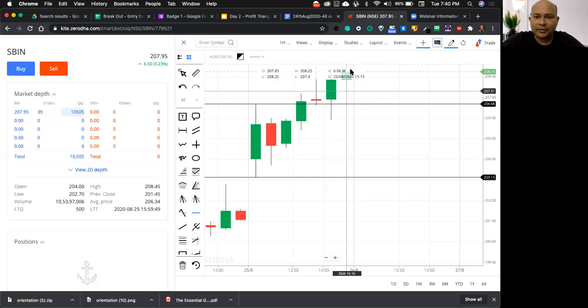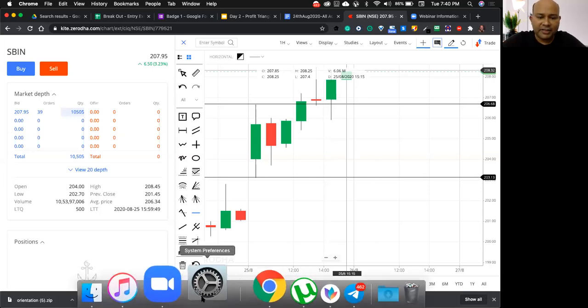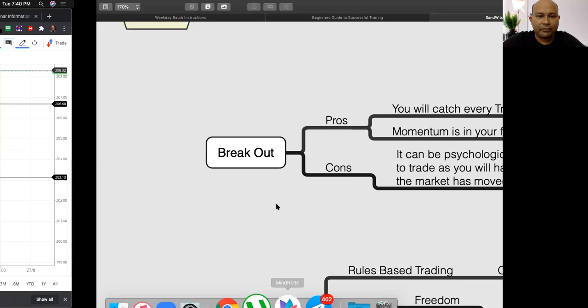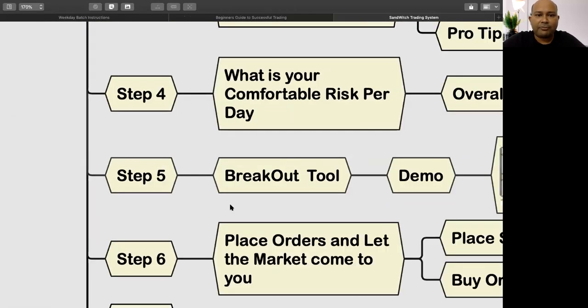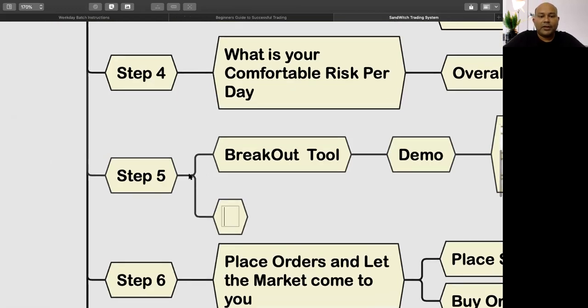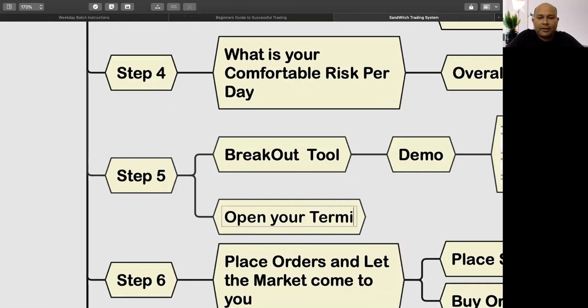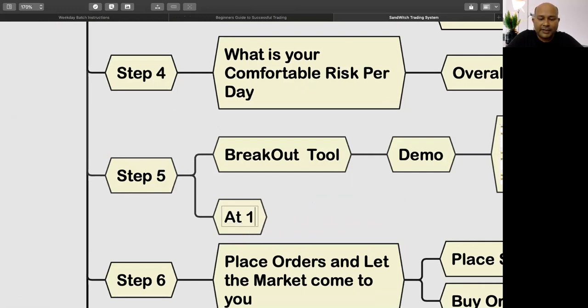So very simple. I will tell you what you need to do in this step itself, so that it becomes very clear for you. All these steps are super clear, right? In step 5, what you need to do is open your terminal at 10:15, sorry, I don't want to confuse you again.